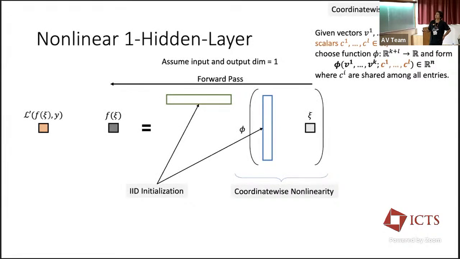The point is that every entry here only depends on the corresponding entry in the vector and xi. And then finally, to get the output of the network, you take a vector-vector multiplication. Again, nothing really happening so far. I'm just giving you evidence that the universal statement I made is true.